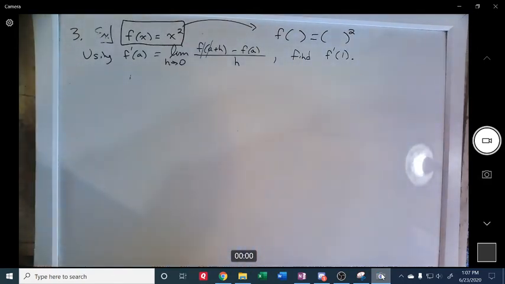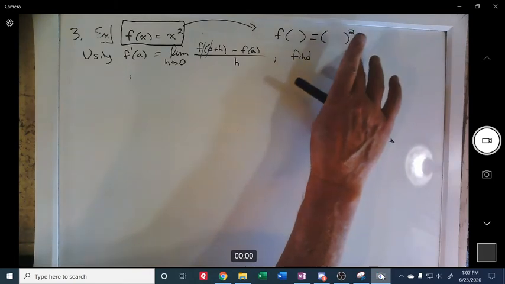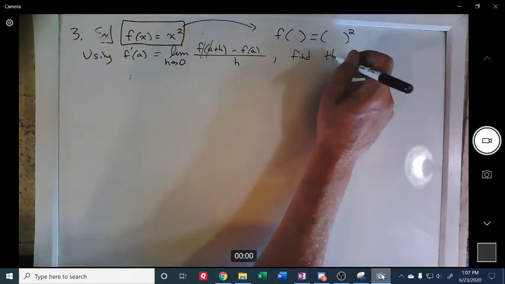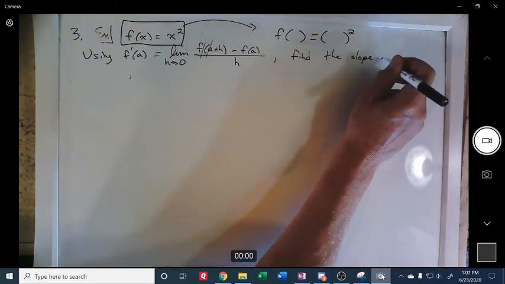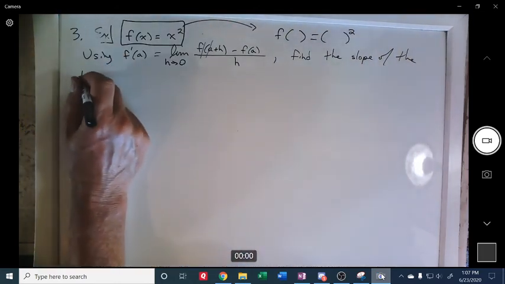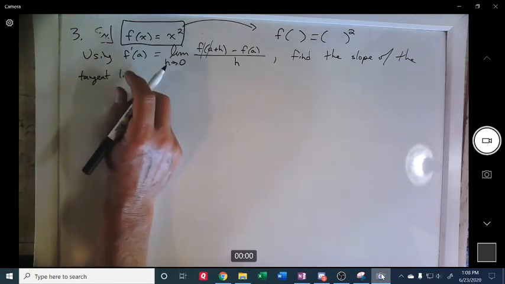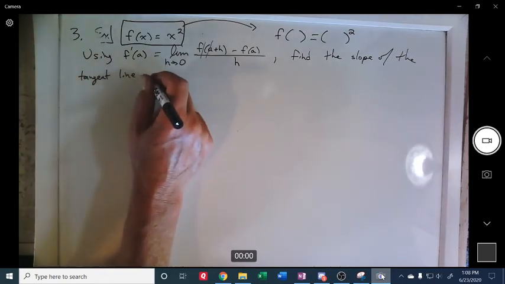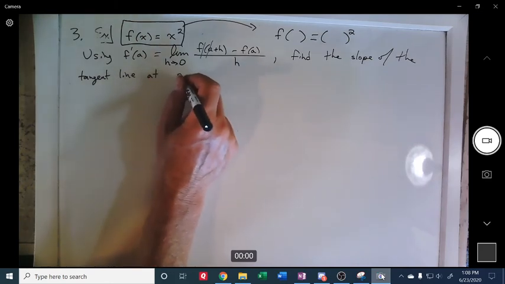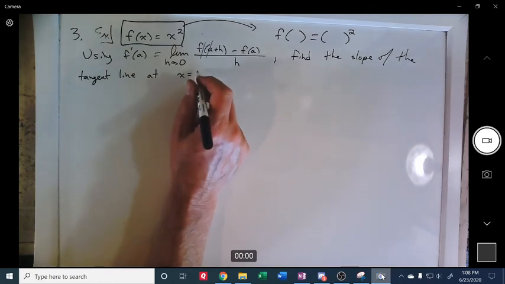We're going to find the slope of the tangent line at x equals, we already did it for x equal 1.